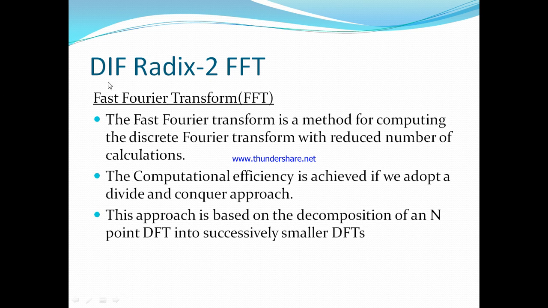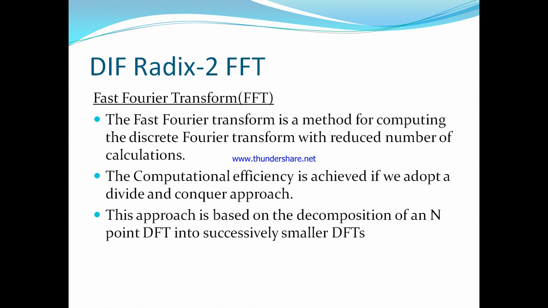The fast Fourier transform is a method for computing the discrete Fourier transform with a reduced number of calculations. That means the calculation time will be reduced, so computational efficiency is achieved.